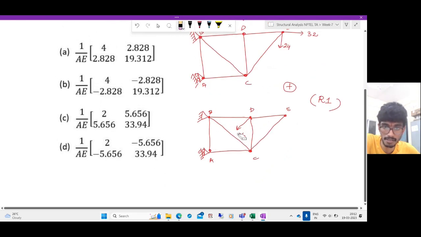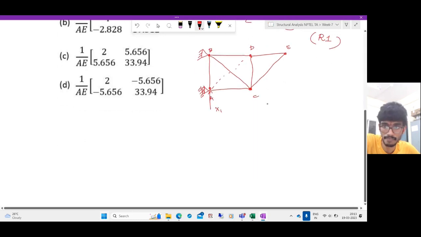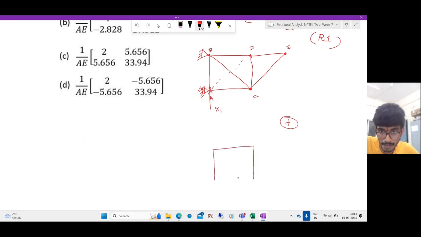Oh, sorry, this is not x1. First one is the vertical force. This is x1. The second redundant structure is due to the removed diagonal member, x2.